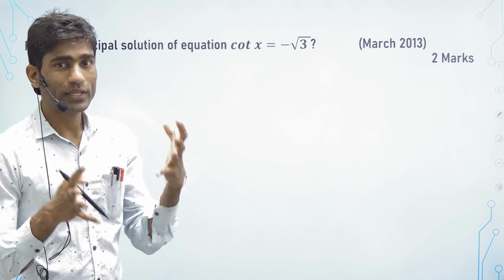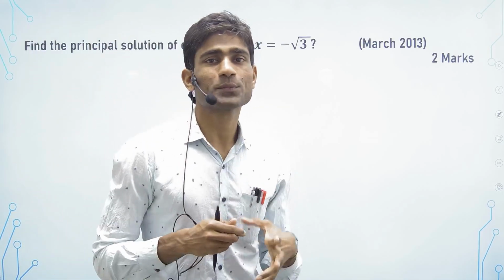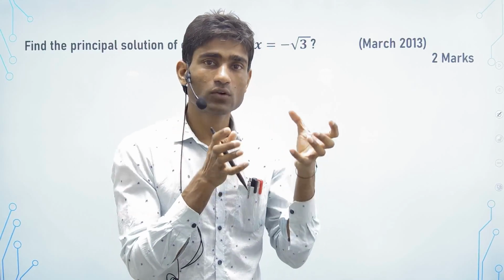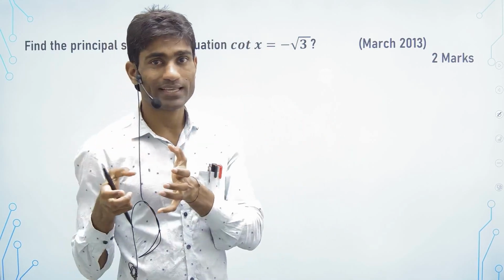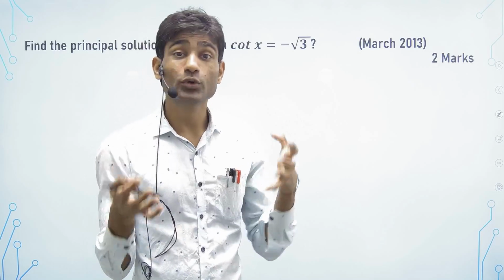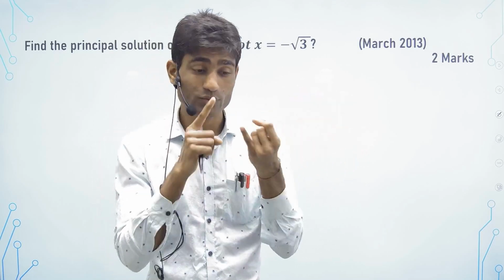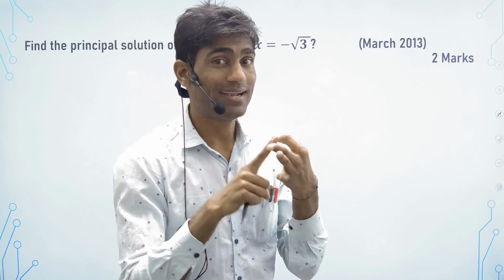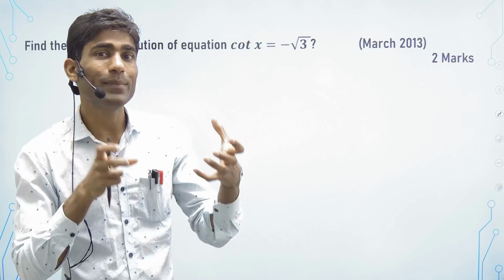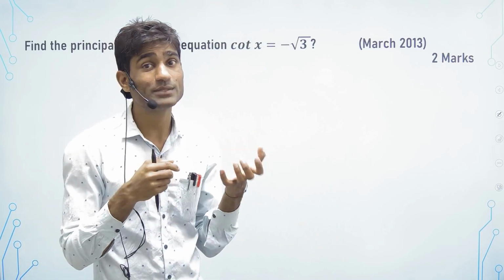Here I have one suggestion for you all. If you have a quantity like cot x, cosec x, or sec x, you should convert this quantity into sin x, cos x and tan x. That one will be better for your calculations. Why is it better?